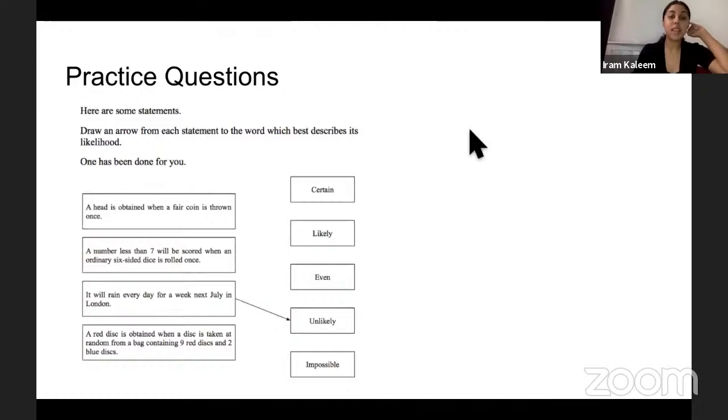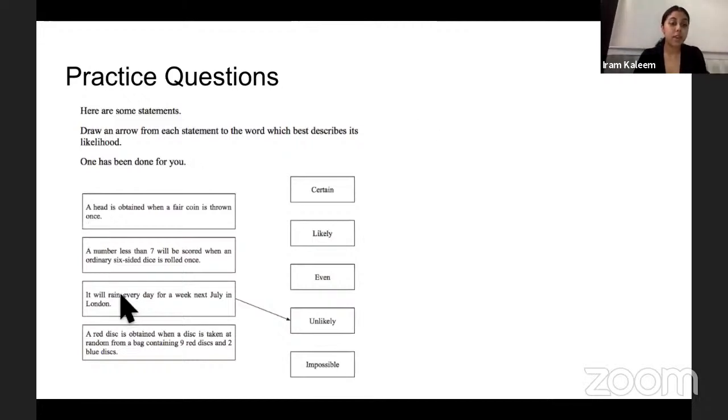Okay, so I've got some statements here, and obviously it says draw an arrow. But all really I'd like you to do is just think about which word is the best for each statement. So there's 4 statements here. You just have to think about which word best describes the likelihood of each of these events. One's been done for you.